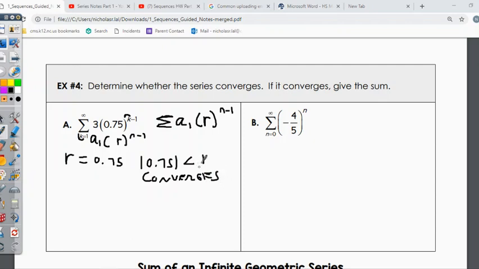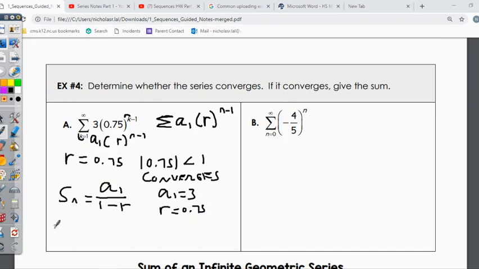And because it converges, we need to figure out what it converges to. We need to find the sum. So this sum is going to be, let's find out. Sn is equal to a1 over 1 minus r. Remember, a1 here is 3, r is equal to 0.75.